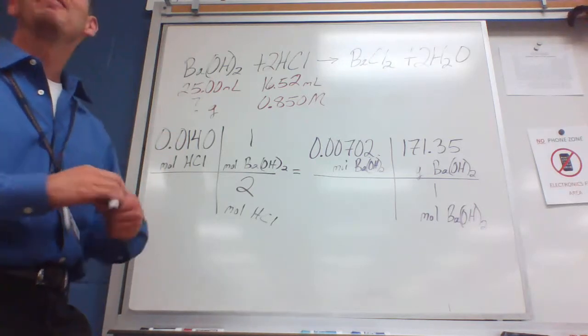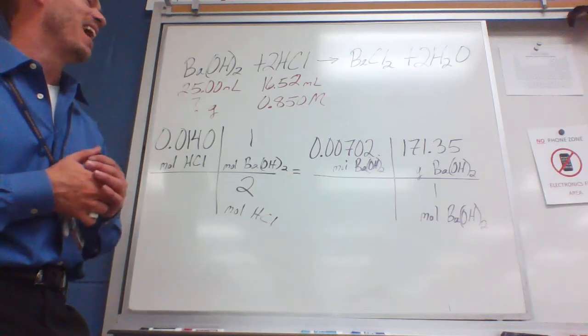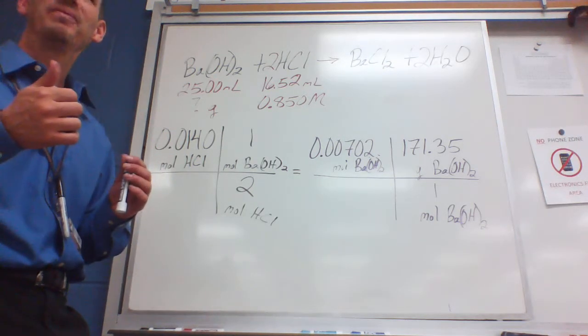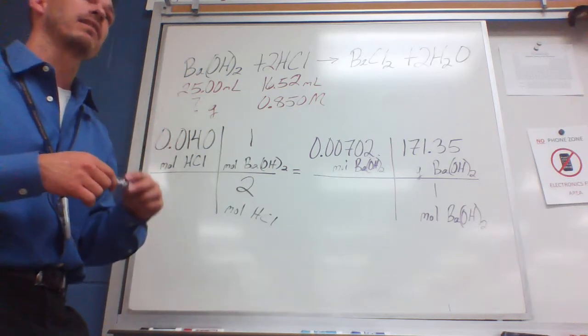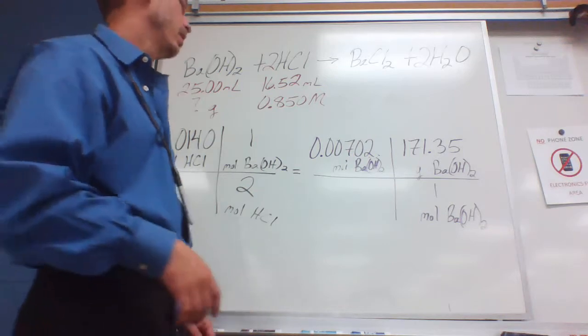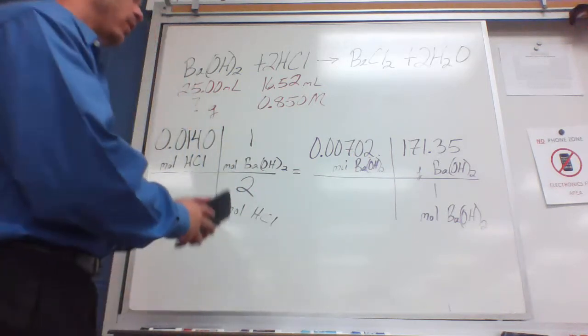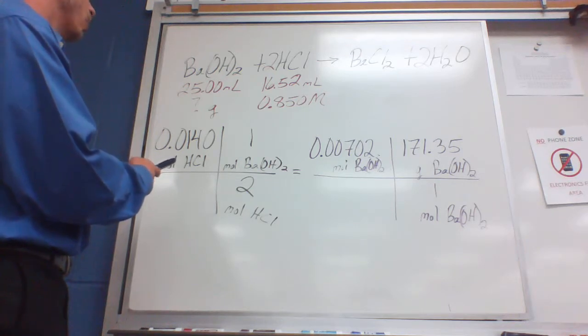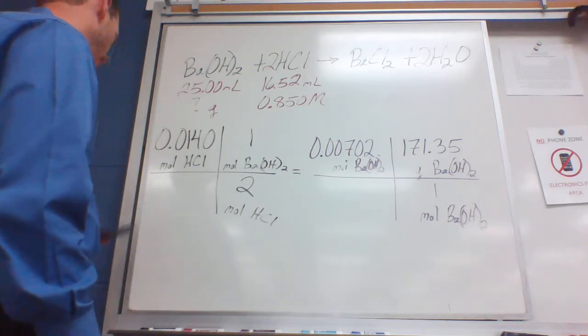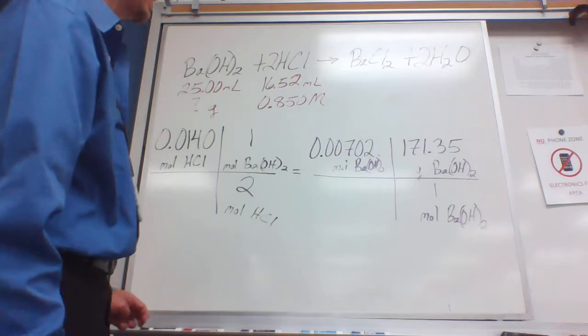All right, 171.35. Are we good there? No, it's not sig fig eligible. Oh, no, for molar mass it is. Only 2 digits past for all molar masses. Yeah. It's our new funky rule. Anyways, multiply and divide. And you are going to find out that your grams are about 1.20.